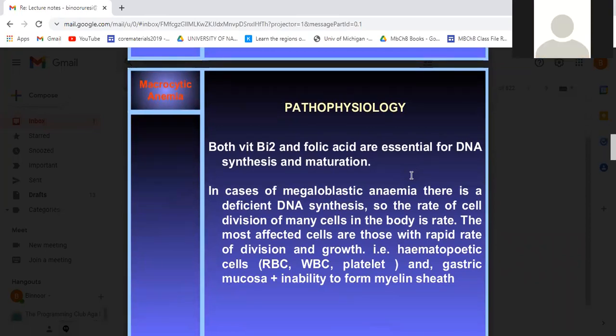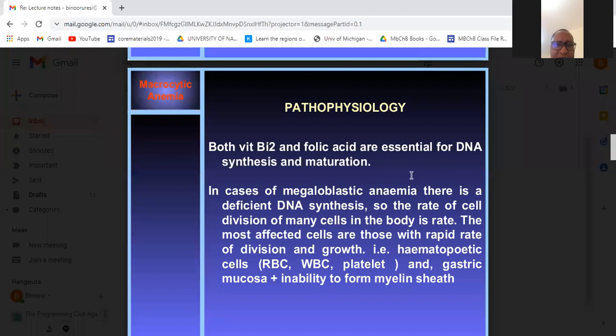Both vitamin B12 and folic acid are essential for DNA synthesis and maturation. You've said that already. Just repeating, in cases of megaloblastic anemia, there is a deficiency in DNA synthesis.